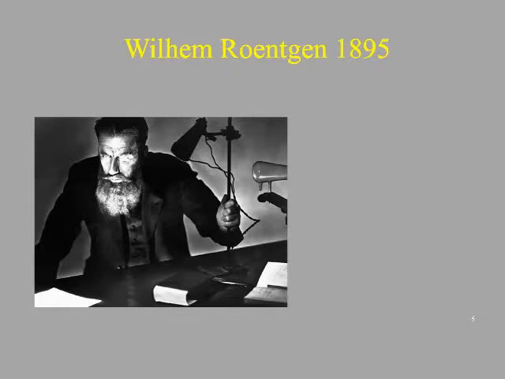Okay, I'm going to skip over this. The big thing here, though, is what we know about radiation and its effect on the cells, and what we know about biology in general comes out of what we know about radiation. So Wilhelm Röntgen did his experiments in 1895.